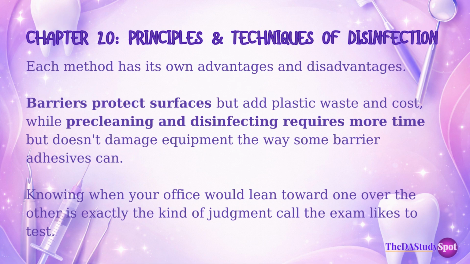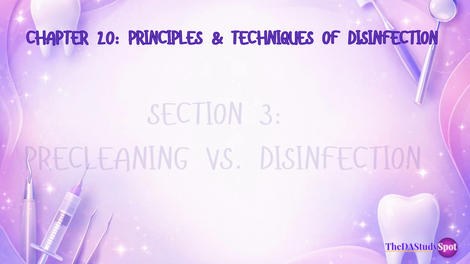Now, each method has its own advantages and disadvantages. Barriers protect surfaces but add plastic waste and cost, while pre-cleaning and disinfecting requires more time but doesn't damage equipment the way some barrier adhesives can. Knowing when your office would lean toward one over the other is exactly the kind of judgment call the exam likes to test.